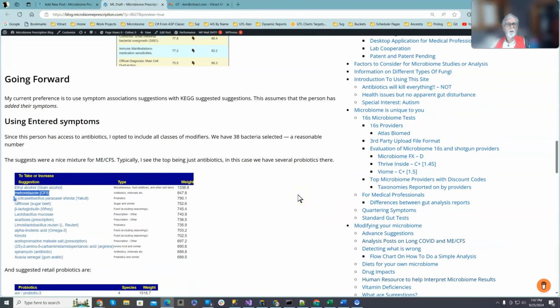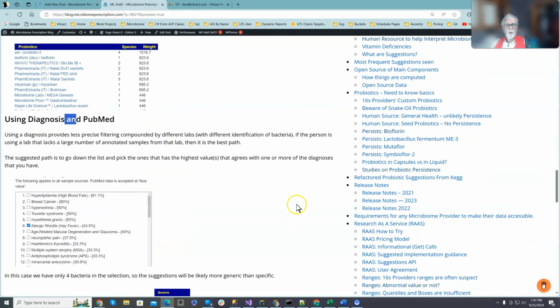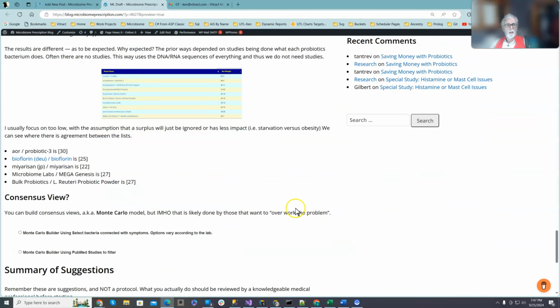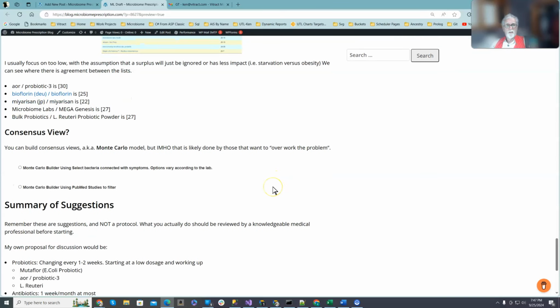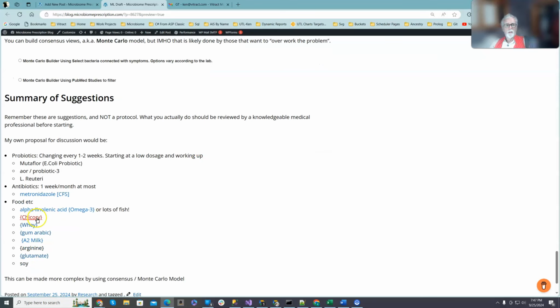So going forward, my preference is to reconcile the sets of suggestions for probiotics and then come up with a list. For example, here's five things which are on both lists, all good, everybody agrees on, and then go in and start taking them, start at a low dose and work up the dosage, perhaps go above what is on the bottle or the container as you go towards the end of a two-week period.